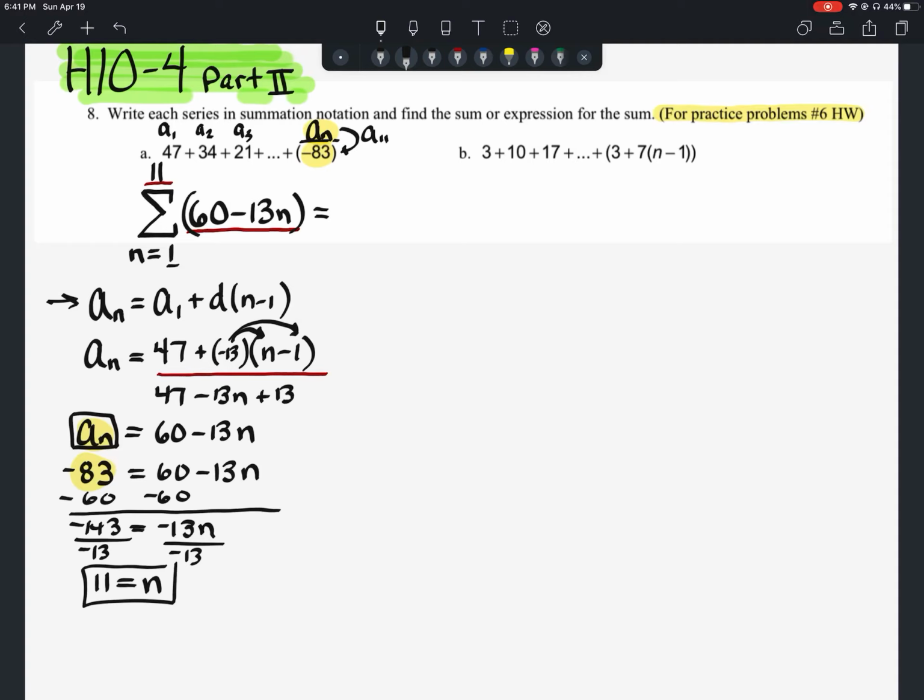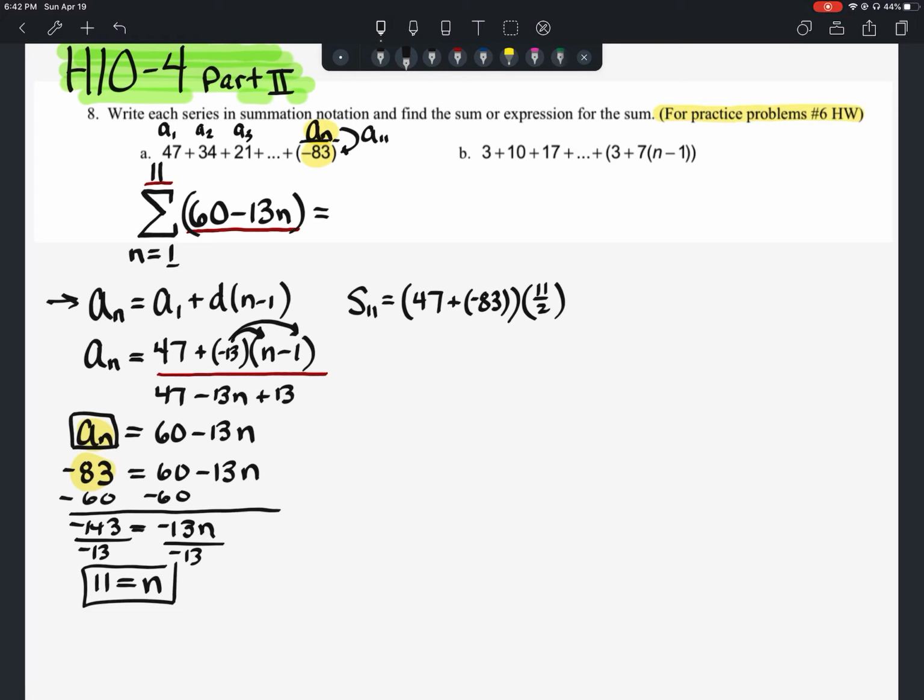And for that, we'll just use our regular sum equation. We'll say the sum of the first 11 terms is going to be our first term, which is 47, plus our 11th term, our last term there, which is going to be negative 83. And then we're going to multiply it by half the number of terms. We're going to multiply it by 11 divided by 2.